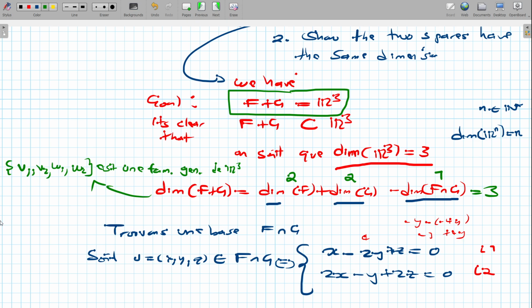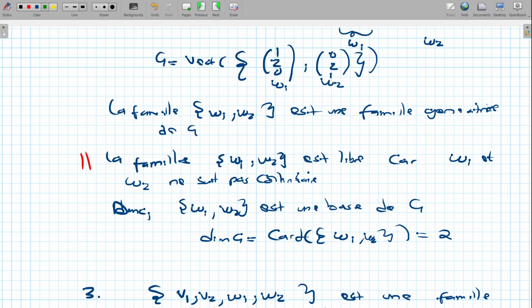So this family of vectors can never be libre, because if it has to be libre, it has to have at most 3 vectors, because the dimension of R3 is 3, meaning it has a base that has 3 vectors. So this family of vectors est lié. So if it has to be libre, it has to have at most 3 vectors in the case of R3. So that is what we have here.